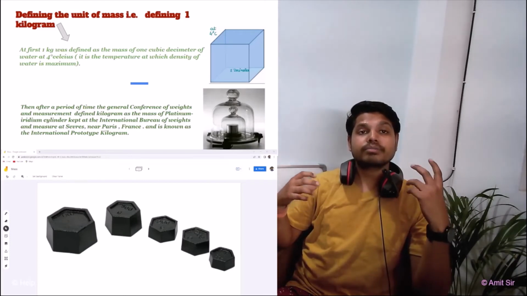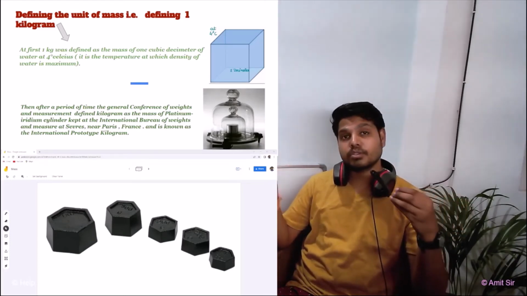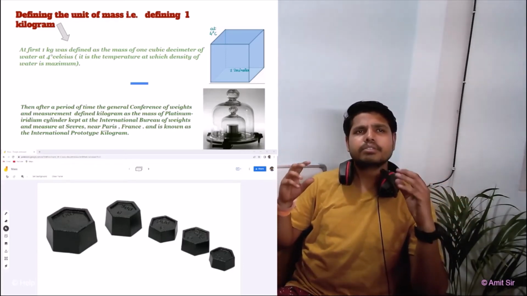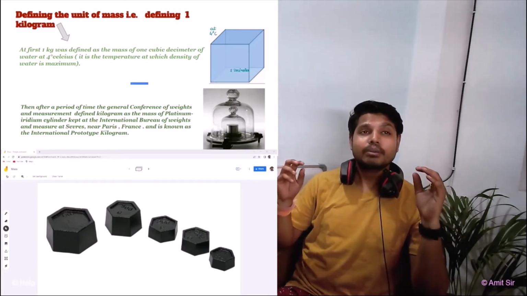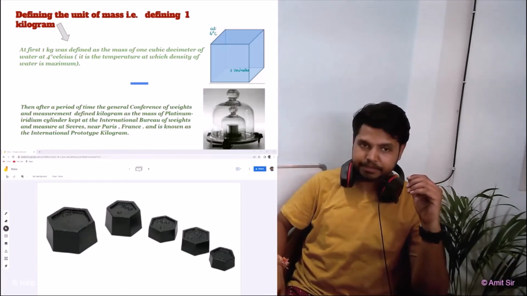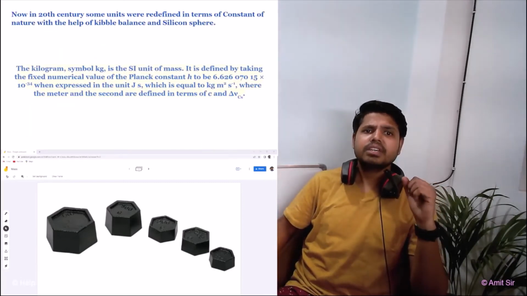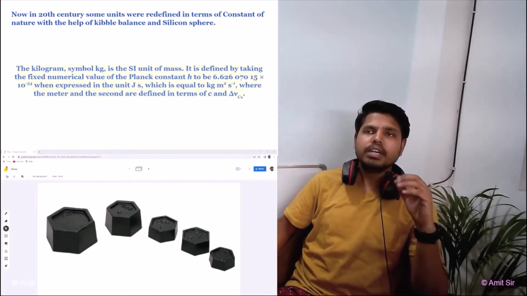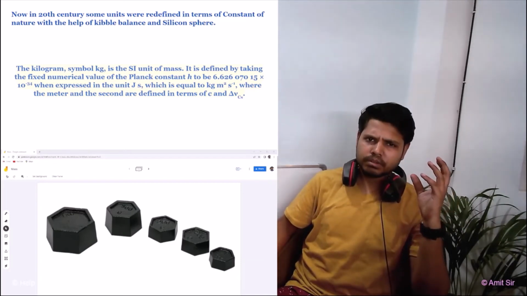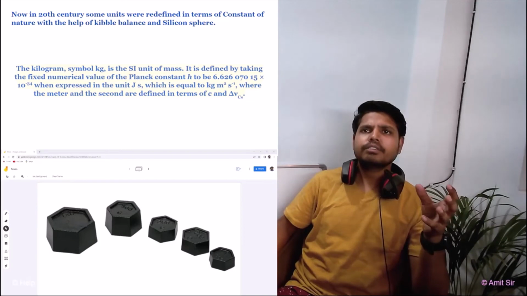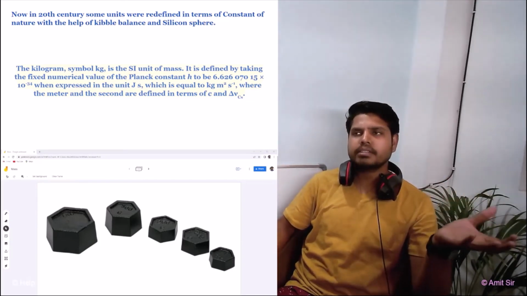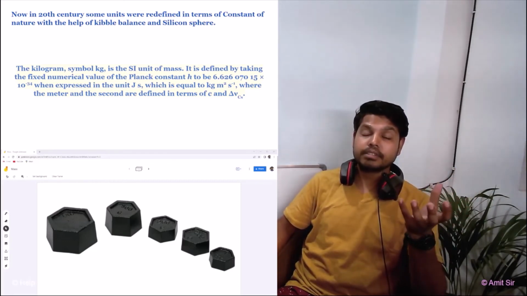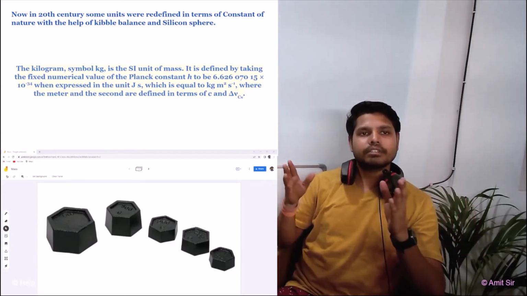in terms of nature and constants of nature, such as Planck's constant and the velocity of light, constants that do not keep on changing. So we see how mass has been defined today. In the 20th century some units were redefined, including mass, and these were defined through the constants of nature and derived with the help of the Kibble balance and silicon sphere. These are completely different apparatus and have to be understood from a different perspective.